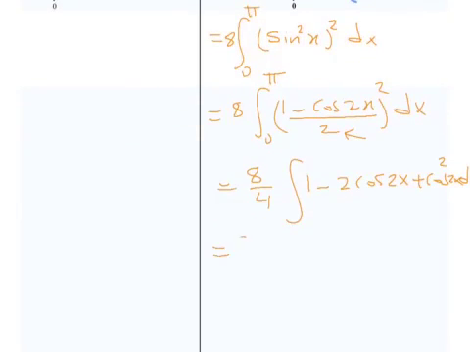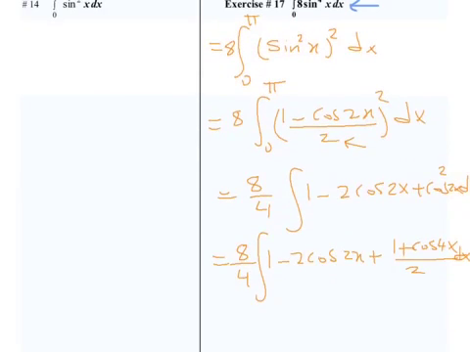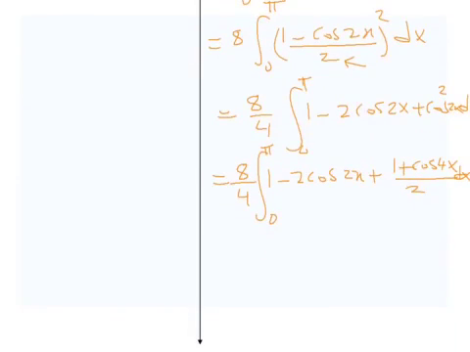So this is 8 divided by 4, integration of 1 minus 2 cosine 2x. Again, you have to change cosine square into 1 plus cosine 4x, using the same identity, but instead of 2x you have to double the angle. This will be divided by 2, from 0 to pi. So this will become 8 divided by 4, and this is minus 2 cosine 2x.